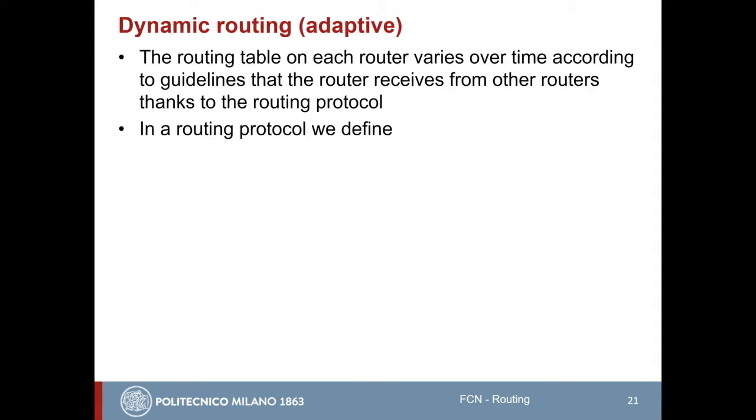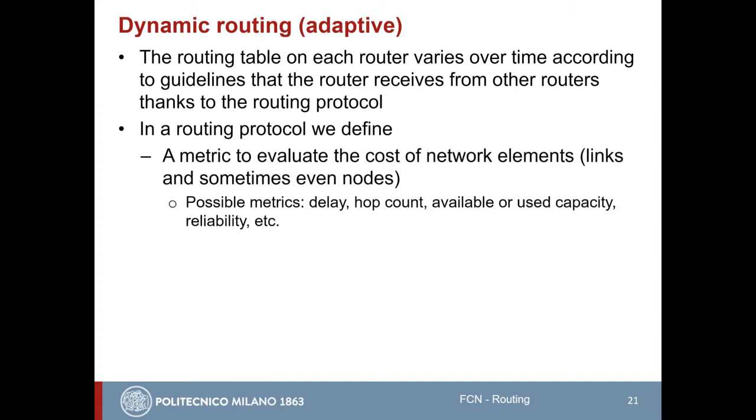So now we are talking about dynamic routing, which is performed by the pool of the routers in the network operating on the basis of a routing protocol. So the routing protocol, as we have mentioned, defines all the elements of this strategy.